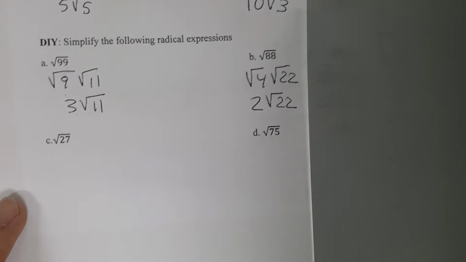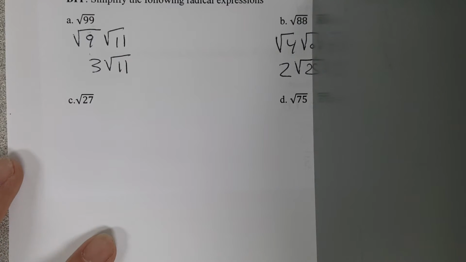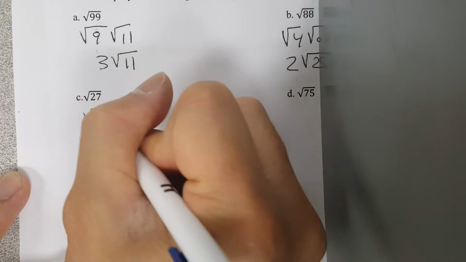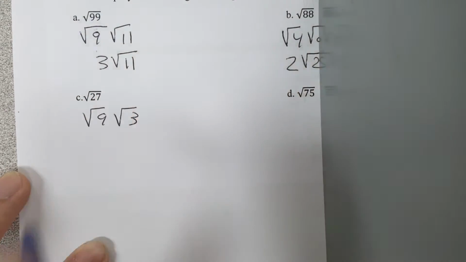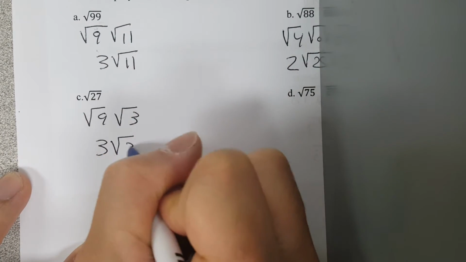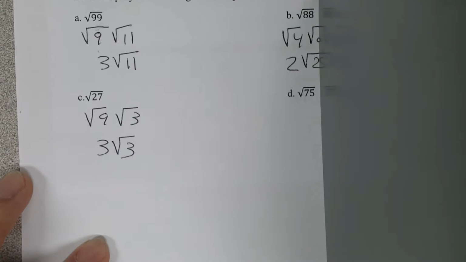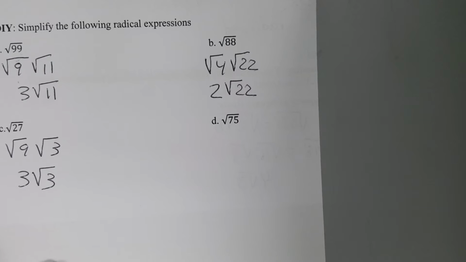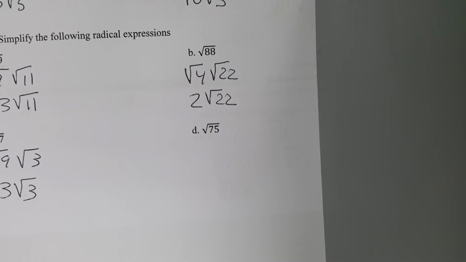Okay. Letter C hopefully was easier. The largest number that can go into 27 out of the perfect squares is 9. So this is radical 9, radical 3. Radical 9 is 3. So it's 3 radical 3. Okay. Then letter D, square root of 75.